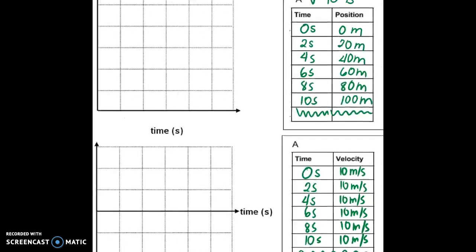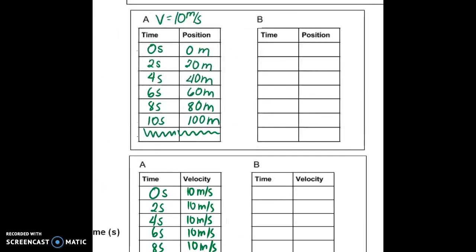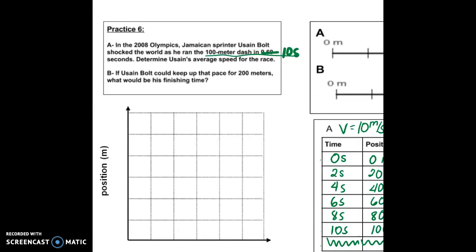Okay. And let's go ahead and solve for B before we start graphing. Okay, so B, I'm going to go ahead and change this one to blue. In B, if Usain could keep that pace, so same velocity, for 200 meters as our displacement, what would be his finishing time?